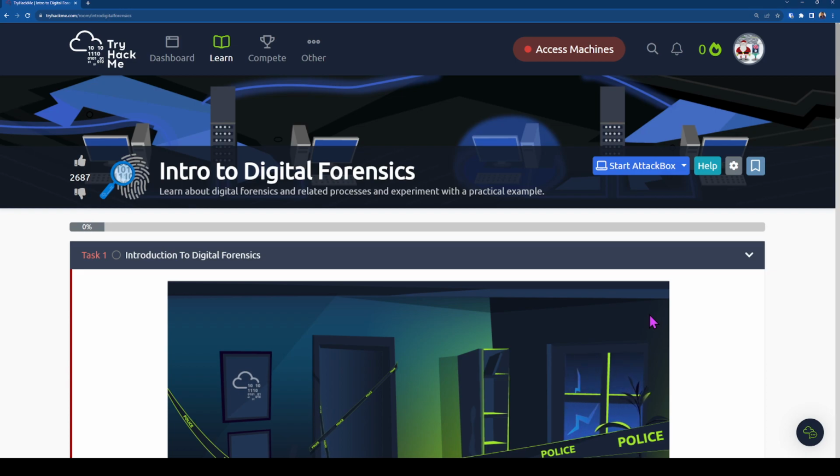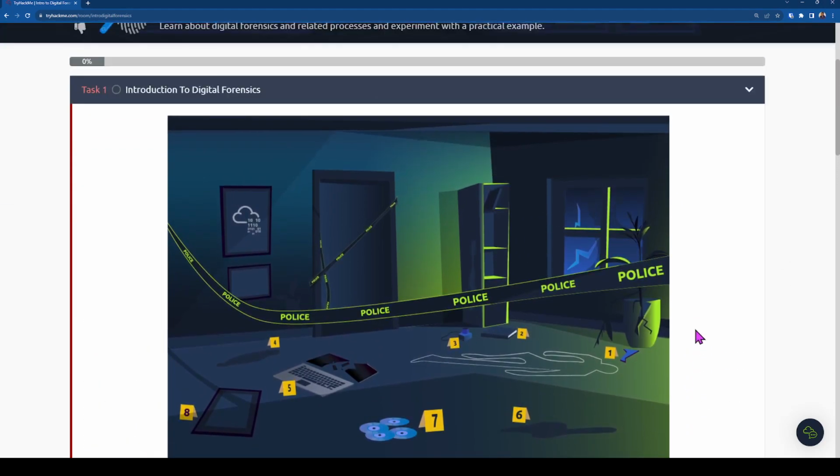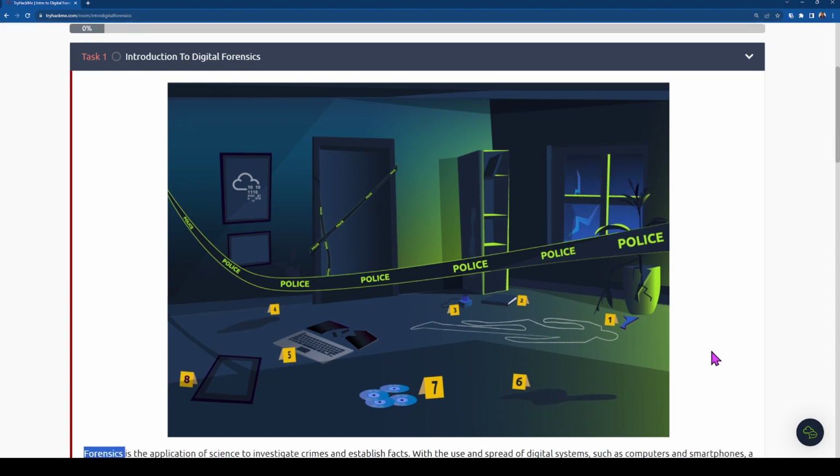All right, so let's go ahead and get started. So with digital forensics, let's see, we have our nice picture here. I think TryHackMe does a great job with their pictures. And if we think about what digital forensics is, we might have an idea of what traditional forensics is, which is dealing with evidence after a crime, maybe a homicide or a burglary.